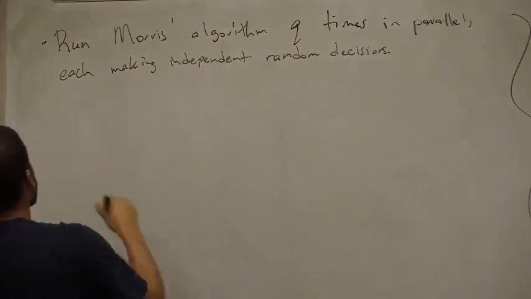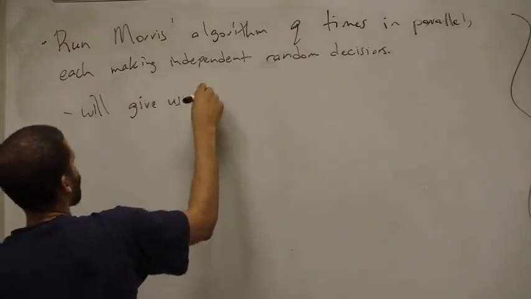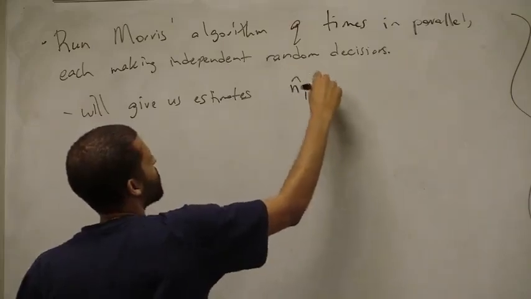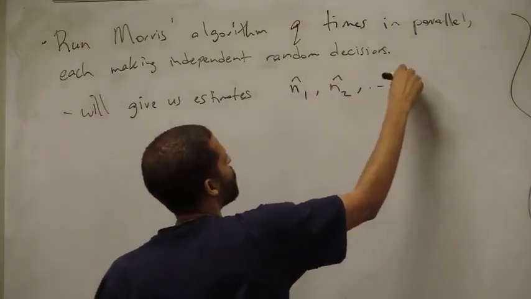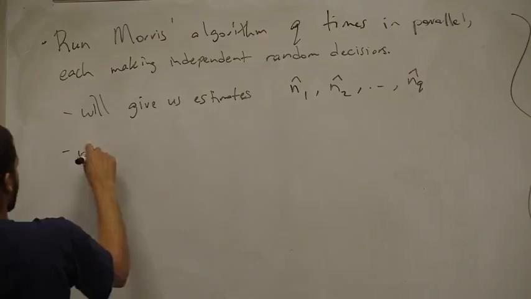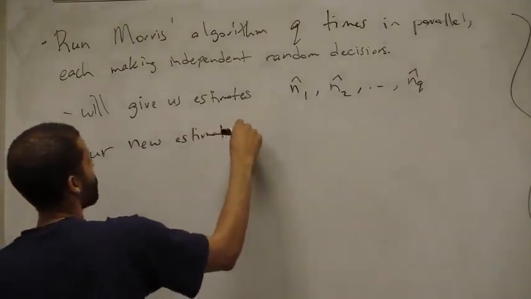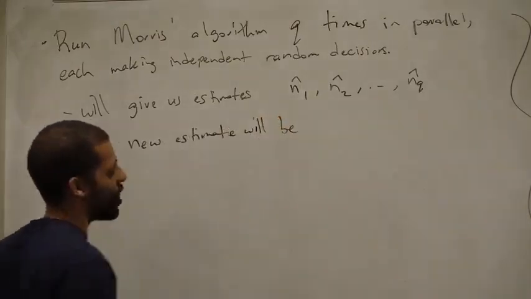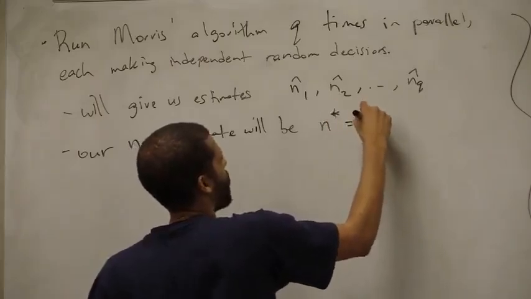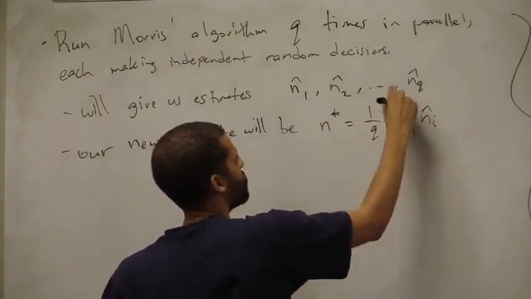This will give us estimates n1 hat, n2 hat, up to nq hat. Our new estimate will just be their average. I'll call that n star, which is just 1 over q times the sum of ni hat, i goes from 1 to q.